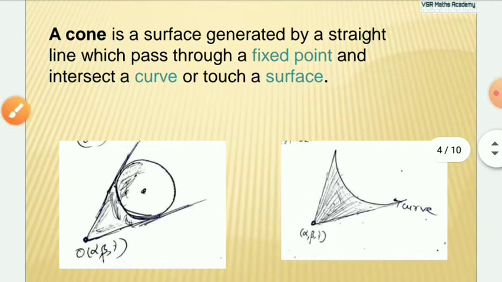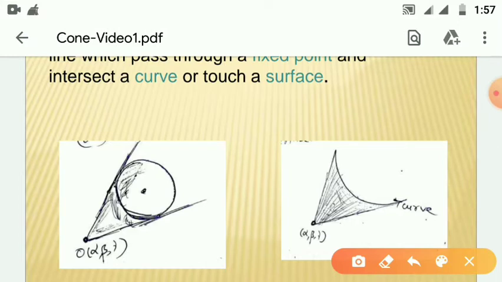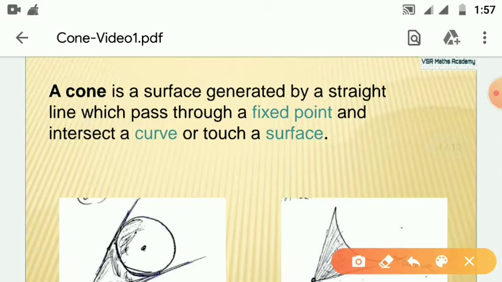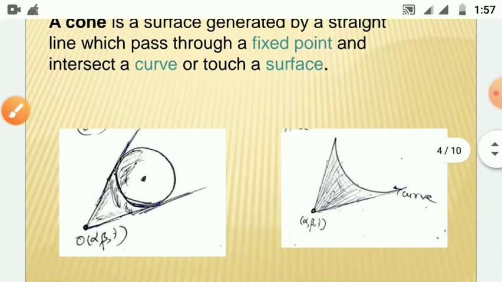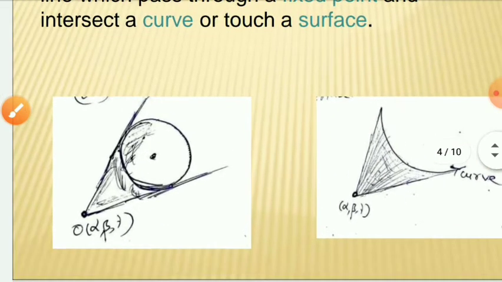So this is the definition of a cone. See this. A cone is a surface generated by a straight line which passes through a fixed point and intersects a curve or touches a surface. For example, let us see here.